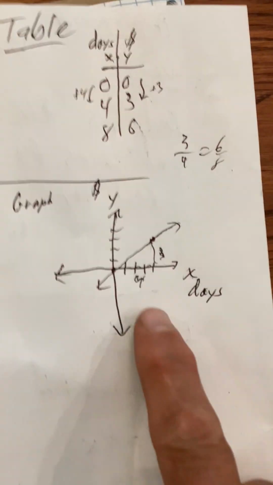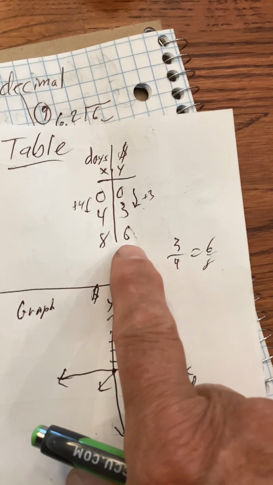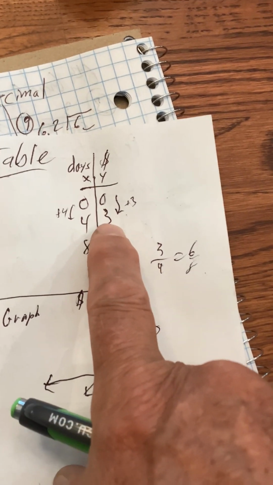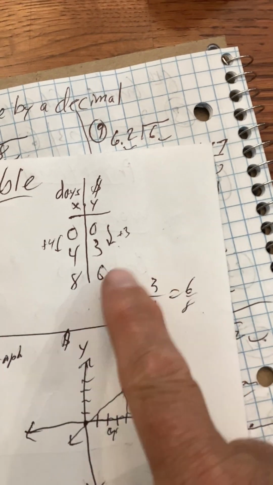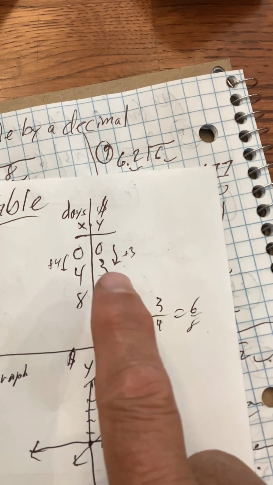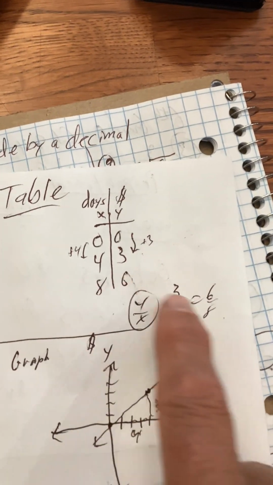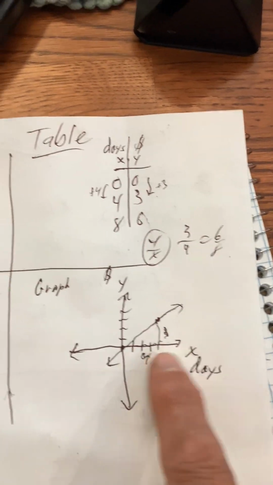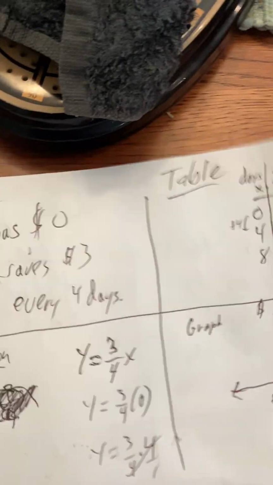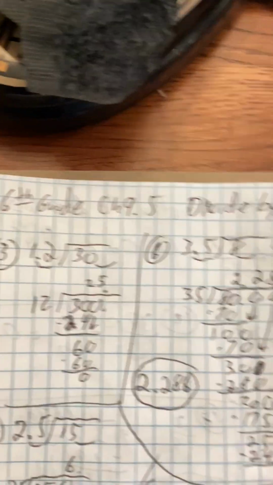It's proportional because it's a line going through the origin. It's proportional because y over x gives you equivalent fractions: 3 over 4 equals 6 over 8. When it's proportional, the fractions are equal, which means you get a line through the origin, right?